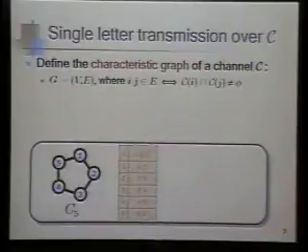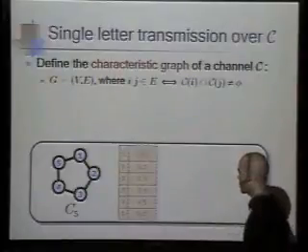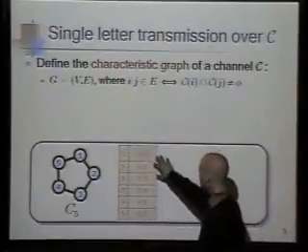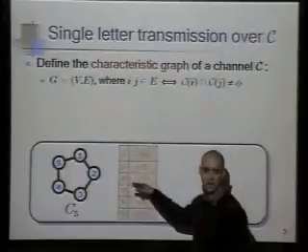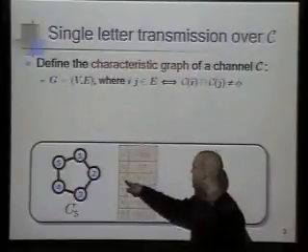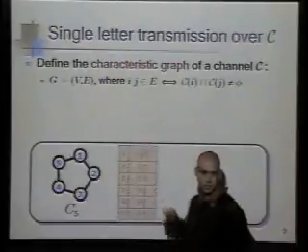Can you see this up there behind? So as we can see, since the output of i is either i or i plus 1, then i is confusable both with i minus 1 and with i plus 1.